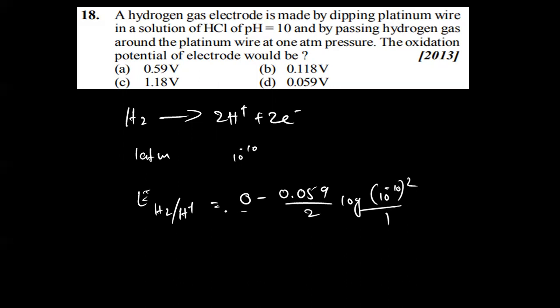Because the E naught cell value of the standard hydrogen electrode is 0. Then on simplifying this, you will get plus 0.59 volt. That is option A, 0.59 volt.